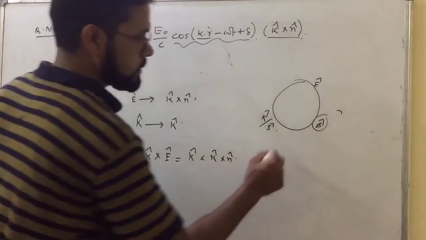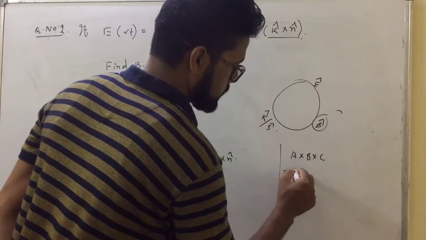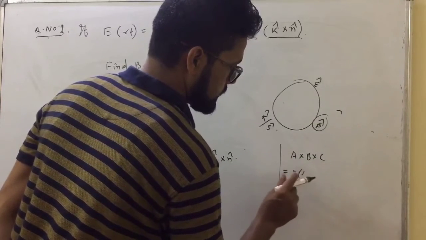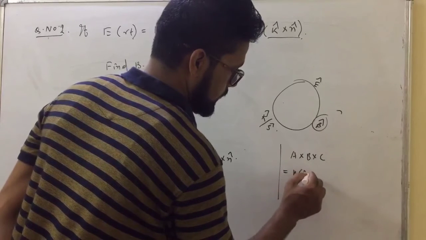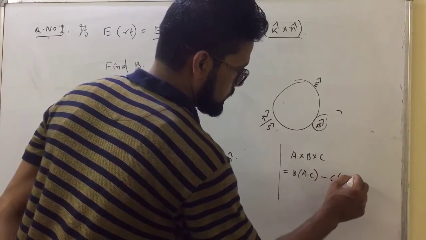For this I use the vector triple product formula: A cross (B cross C) equals B(A dot C) minus C(A dot B).